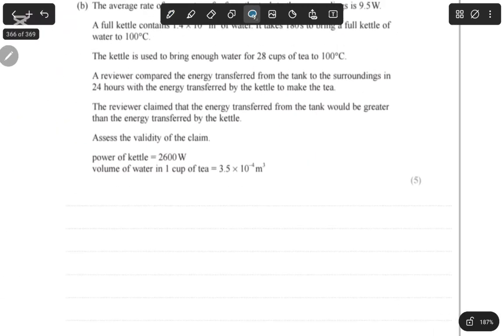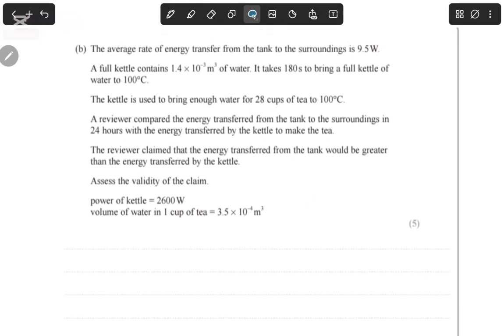Alright, now we're going to be looking at the next question, which says the average rate of energy transfer from the tank to the surroundings is 9.5 watts. A full kettle contains 1.4 times 10 to the power of minus 3 meter cube of water. It takes 180 seconds to bring the full kettle of water to 100 degrees Celsius. The kettle is used to bring enough water for 28 cups of tea to 100 degrees Celsius.